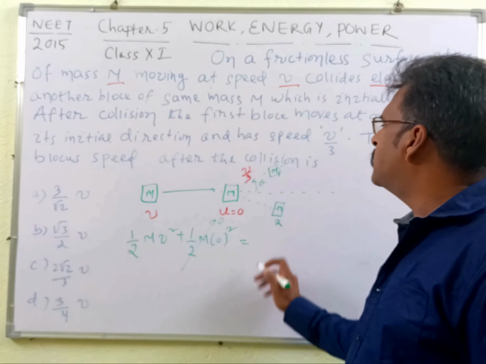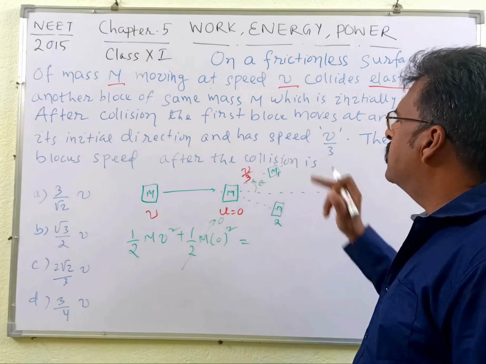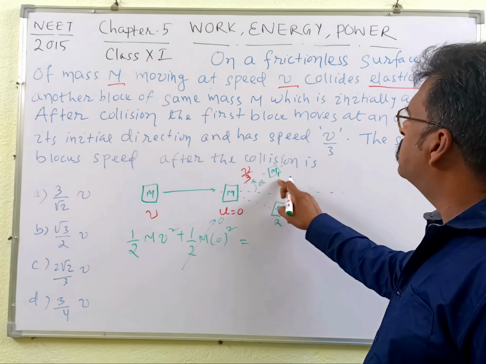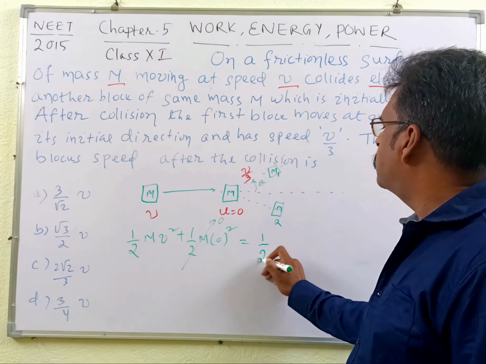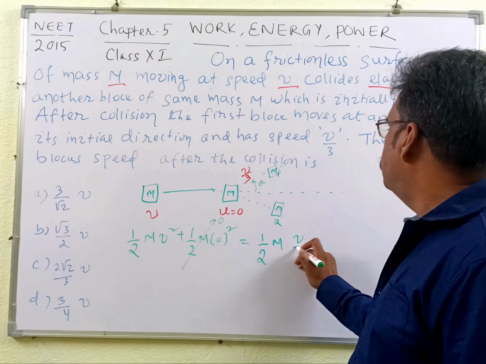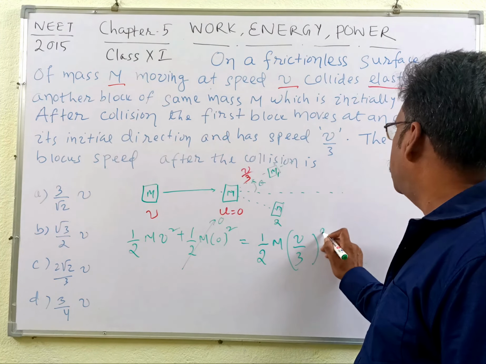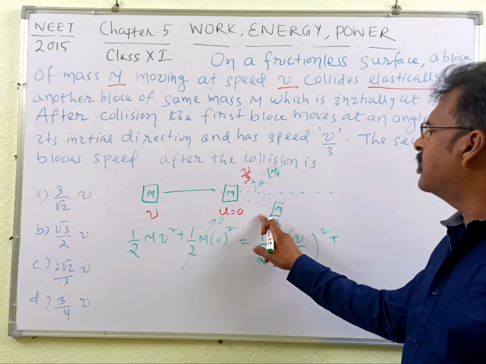What is the kinetic energy of the first block after the collision? It is moving with v by 3, so we may write half m into v by 3 whole square.